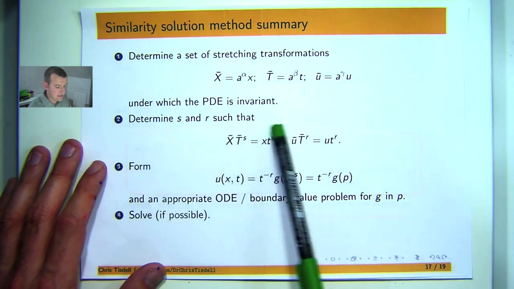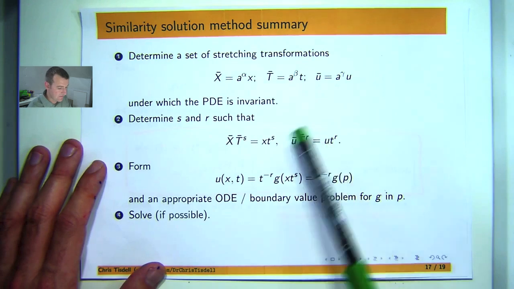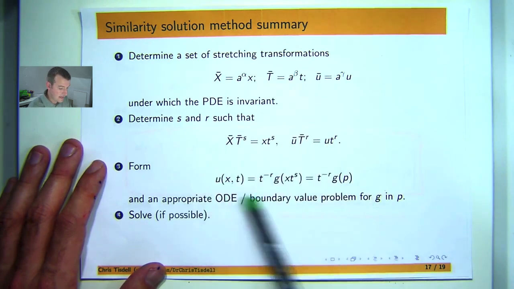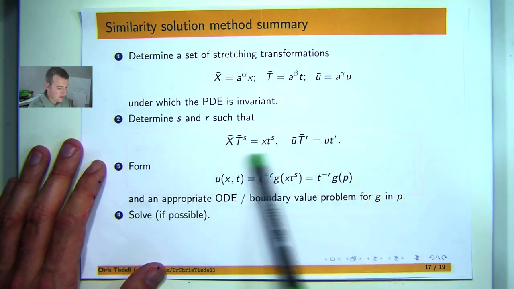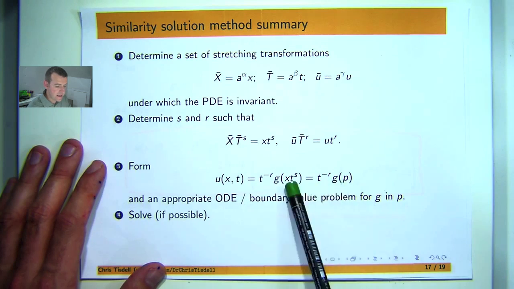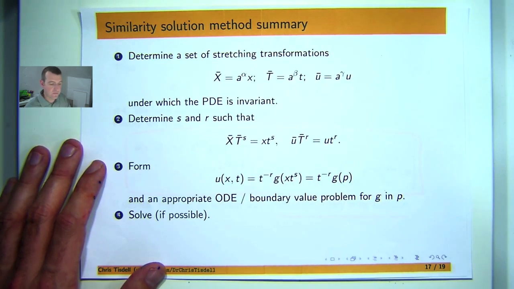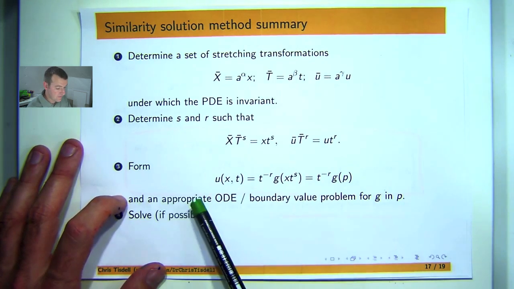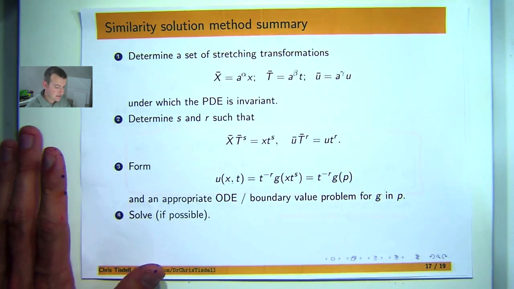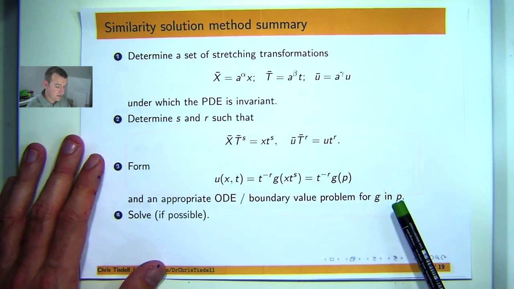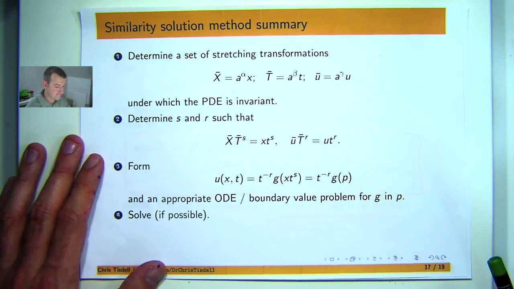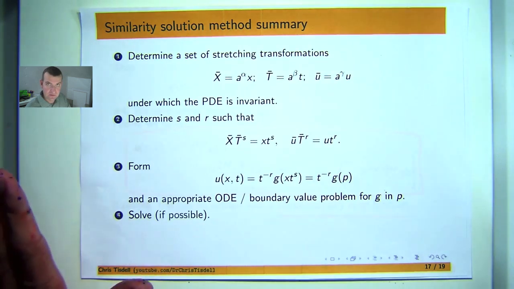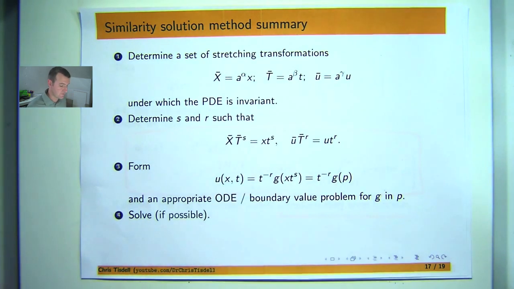Determine S and R such that these are satisfied. Once you have those, you can get a general form of solution where you combine the independent variables in some way. And what you do then is you form an appropriate ODE and boundary value problems to work on for g in the new independent variable p. You solve it, if possible, and then you relate everything back to u.